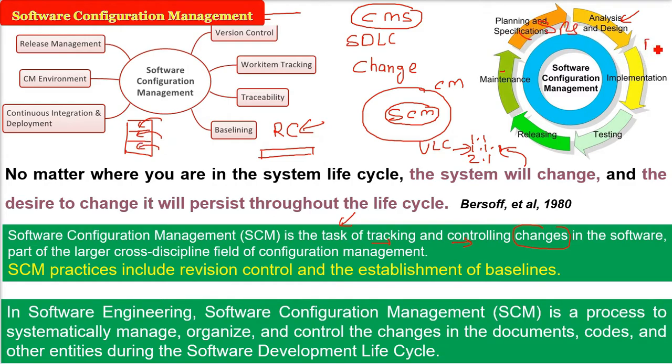So when you are able to do it, whenever you want to access it, you will be able to access it properly. So you have actually managed, organized, controlled. So we are controlling here in SCM the documents, the codes. There are other work products also, whichever is produced in the SDLC or software development lifecycle. So this is software configuration management.